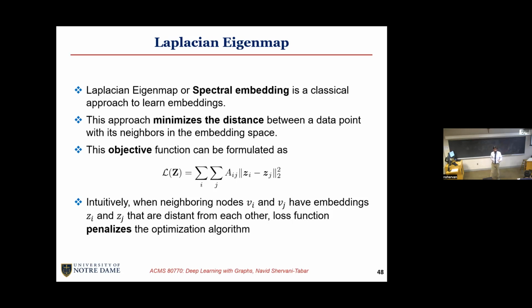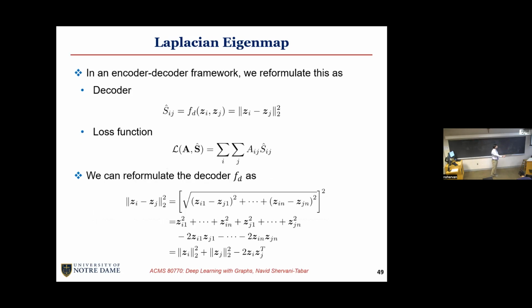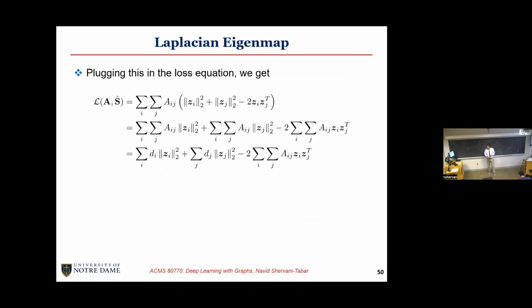If two nodes are neighbors and the distance between their feature representations is high, we will get a higher loss, so we will be penalized for that scenario.